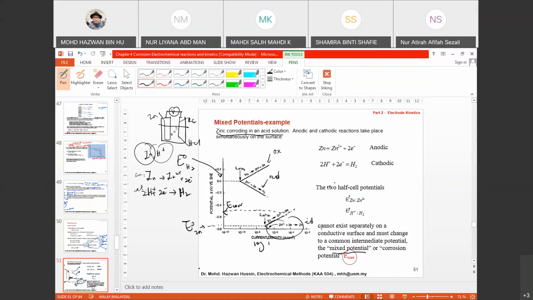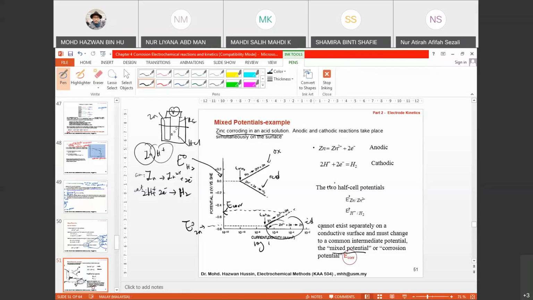Meanwhile, for zinc, you have two curves as well, because the potential value is somewhere here, -0.7. You have an oxidation process that gives you one half equation and a reduction process that gives you another half reaction. This graph is a Tafel plot where potential is plotted versus log I.